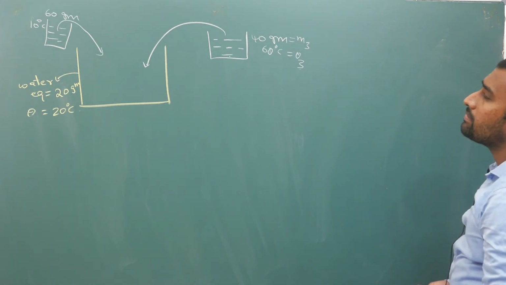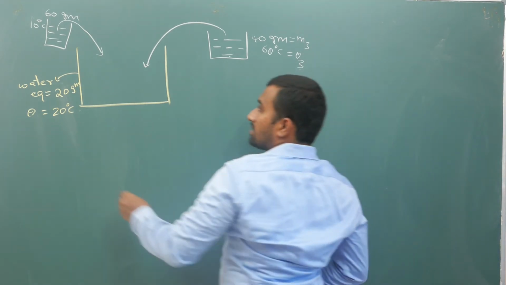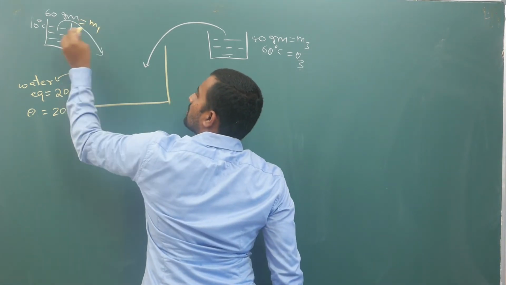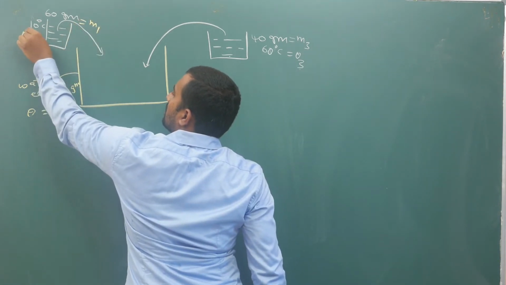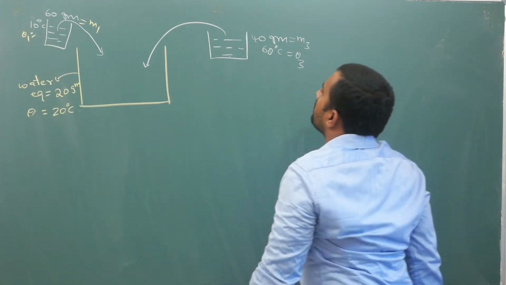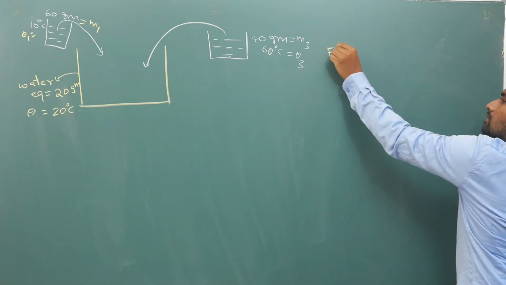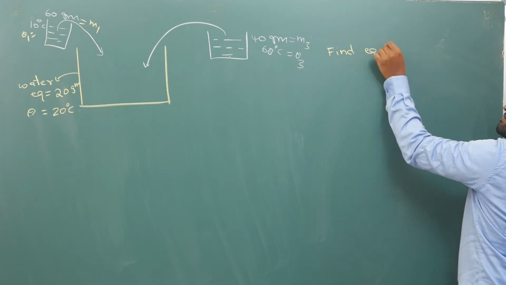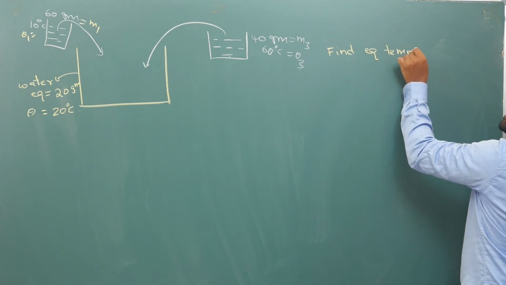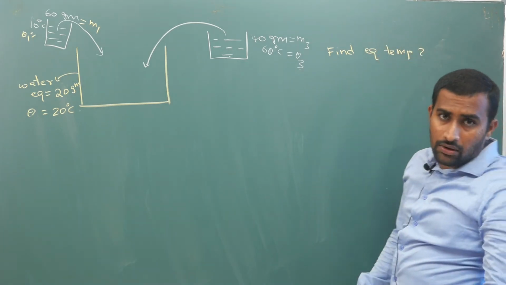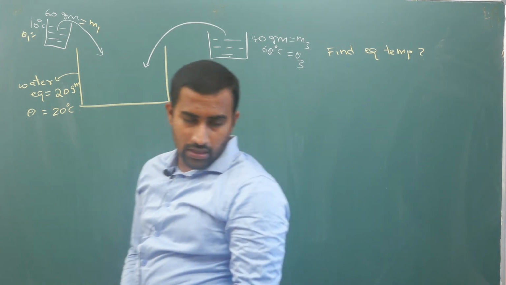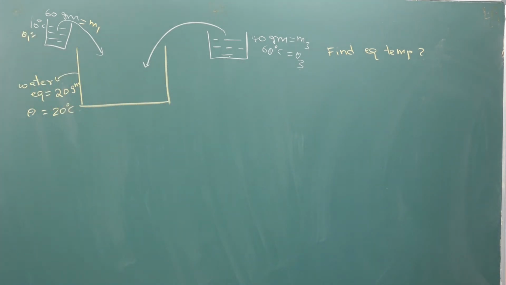Let us say this is M1 and this is theta 1. The question is: find the equilibrium temperature. Now try this answer, then I will explain the solution.